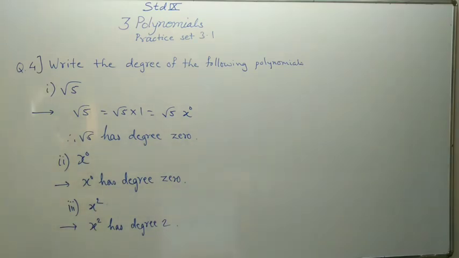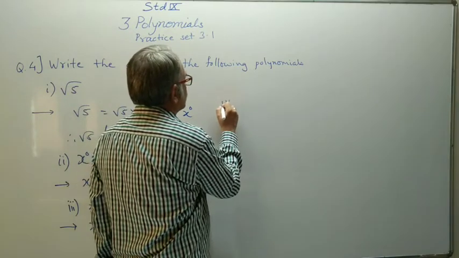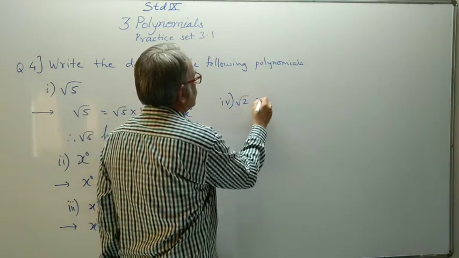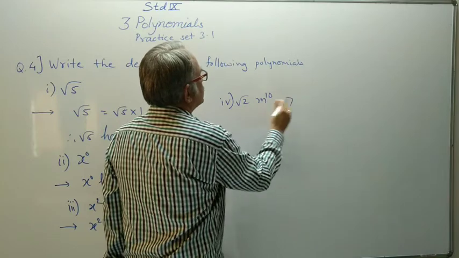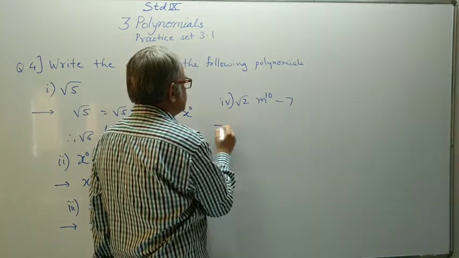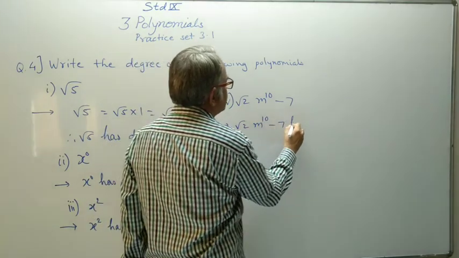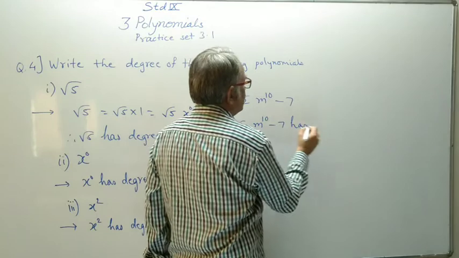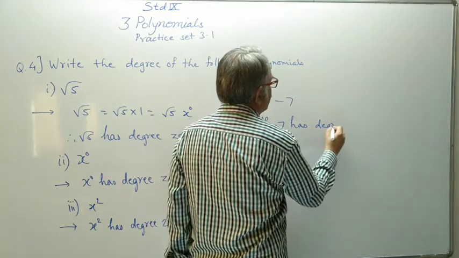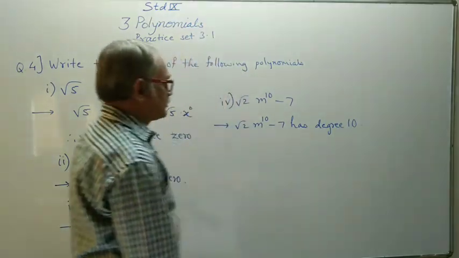Fourth, root 2 m raised to 10 minus 7. See, what is the maximum index of variable m here? 10. Root 2 m raised to 10 minus 7 has degree 10. Degree means maximum index of the variable.